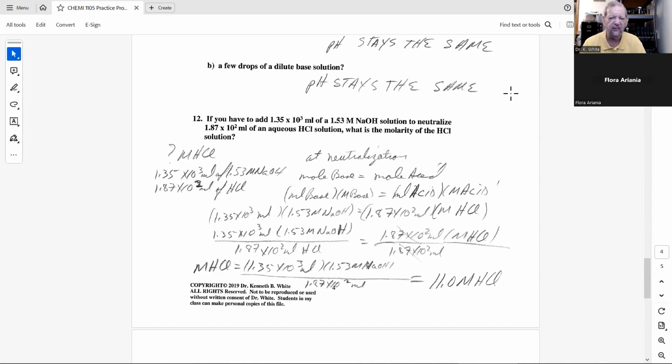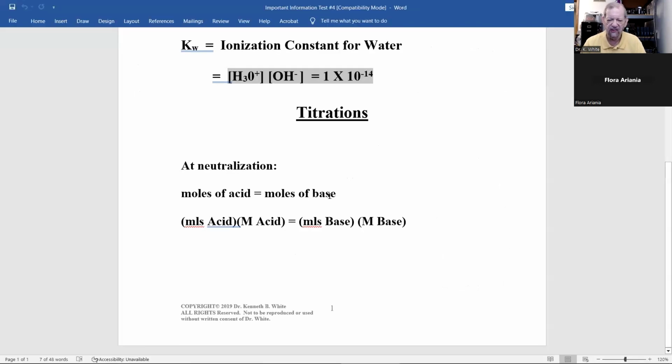Before I do this, you saw the word neutralize. At neutralization, this is important information. Anyways, the moles of acid equals moles of base.